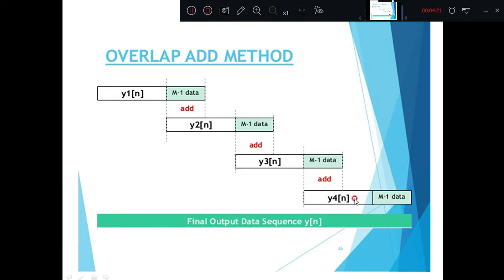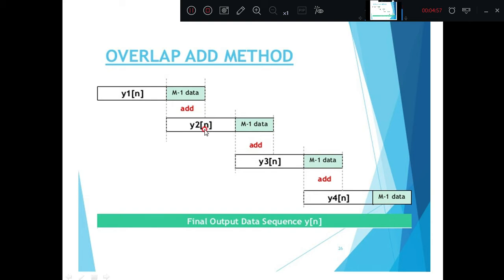The second major difference is, in the overlap save method, from all the output data sequences, before we combine, we discarded the first M minus 1 samples from all the output blocks. And here what we do is add the last M minus 1 samples of y1 of n with the first M minus 1 samples of y2 of n.